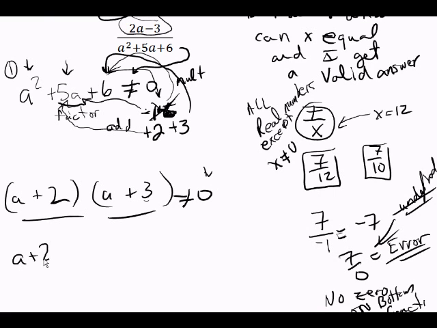Once you have your factored form, we're going to use something called the zero multiply rule. When you multiply two things together and the answer is 0, either a plus 2 has to equal 0, or a plus 3 has to equal 0. Solve for a. So how do I get a by itself on the a plus 2 equals 0? What do I have to do?